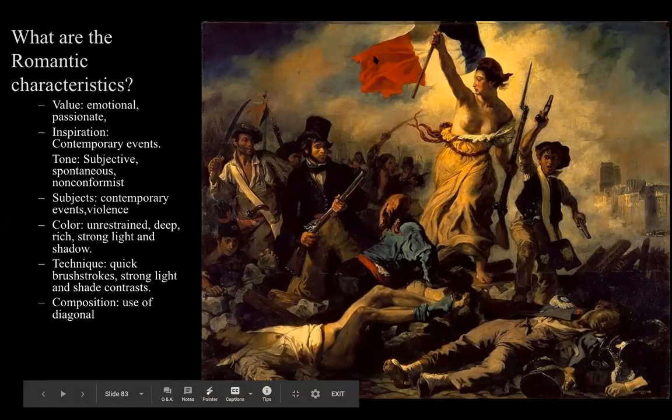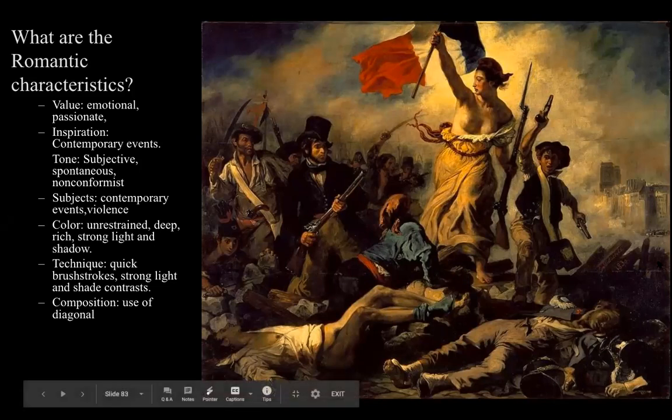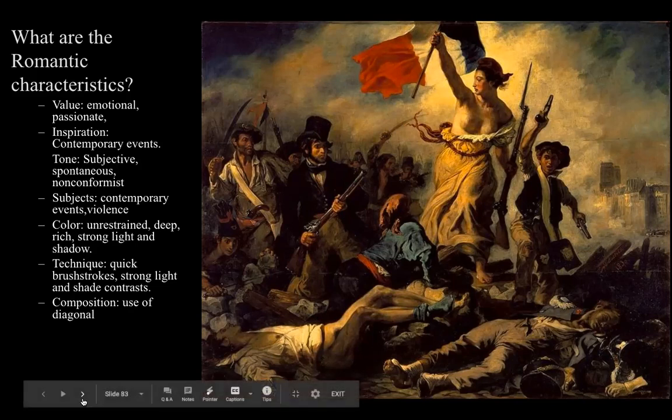Look how rich the red is. Look how light the sky is, how dark the blue is, how dark some of this detail is around it. So there's that contrast between light and dark. It's got expressive brushstroke, especially in the background. And then it has a lot more diagonals than we saw in the Goya.